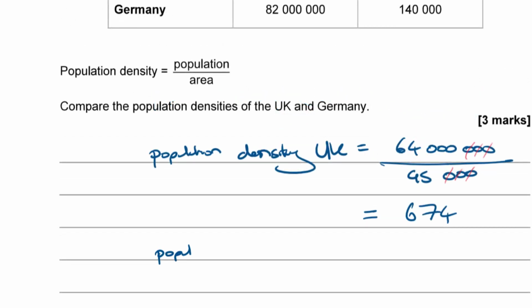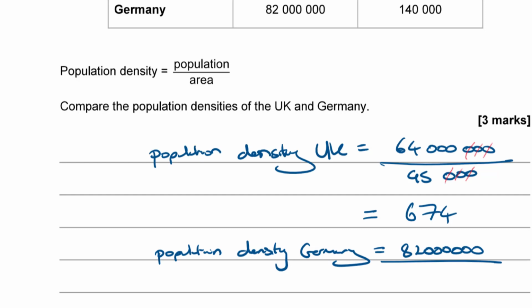So population density of Germany is 82 million divided by 140,000. So again, I can cancel those zeros off. Just makes it a little easier to type in.